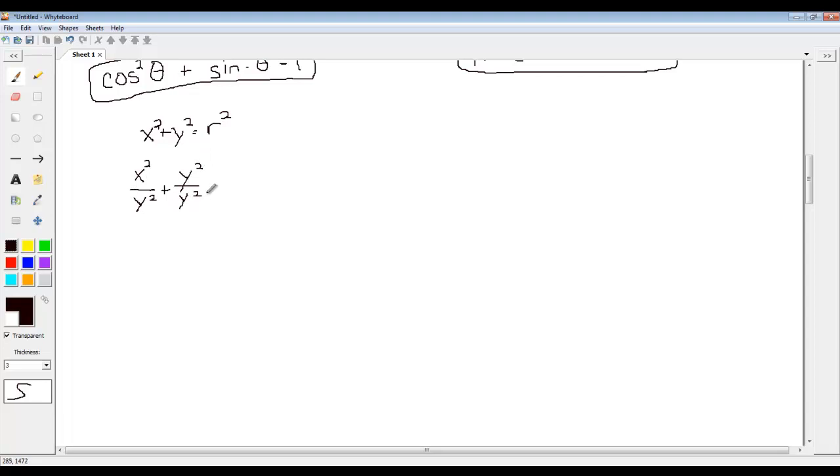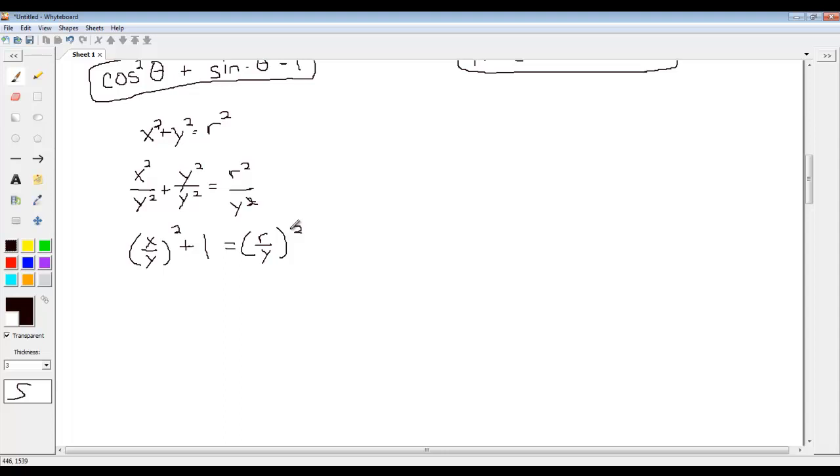It's an equation, it's an equal sign, so we're legally allowed to do this. Okay, so we got x over y, squared, plus 1 equals r over y, squared.